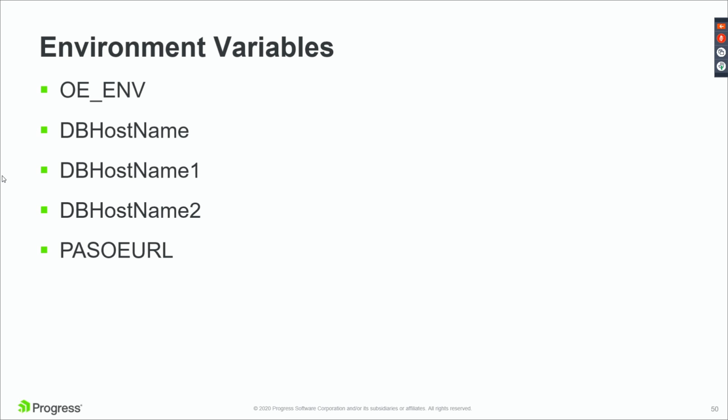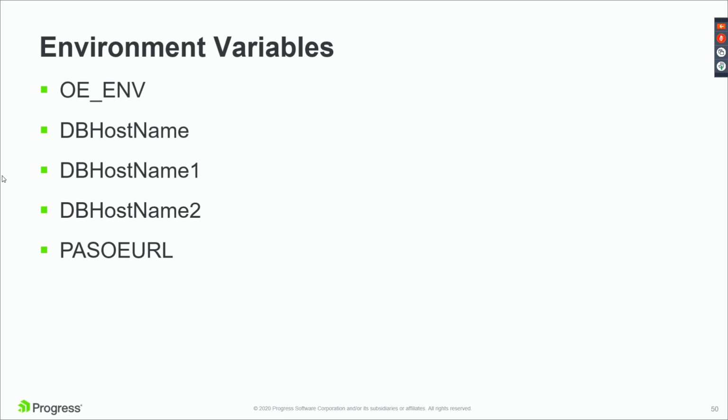Then there are DB host name 1 and 2 for configuring the location of the DB0, DB1, DB2 machines. This is something that you would use on the PASOE machine to be able to connect to the databases. And then you have PASOE URL that you would use from your web UI as a way to find where the REST services are.